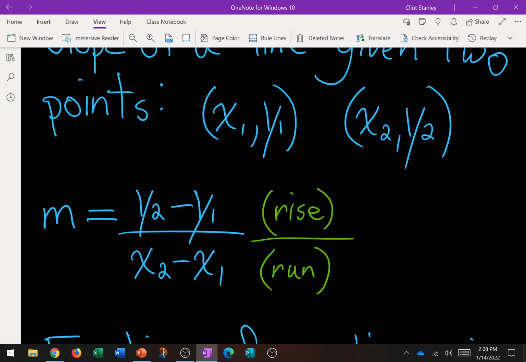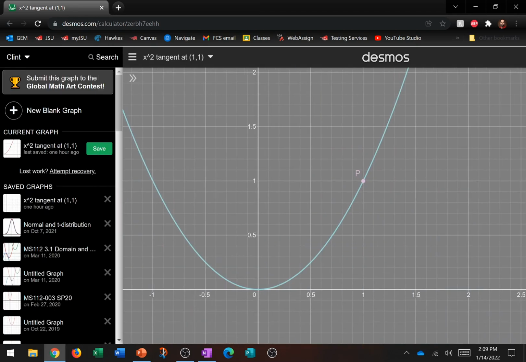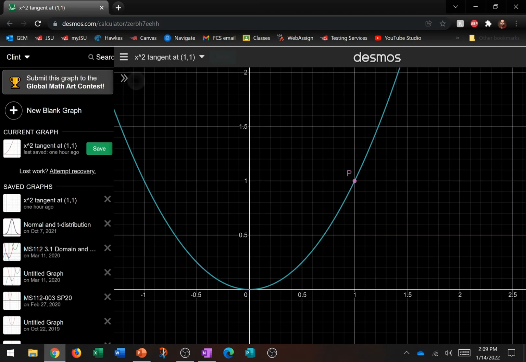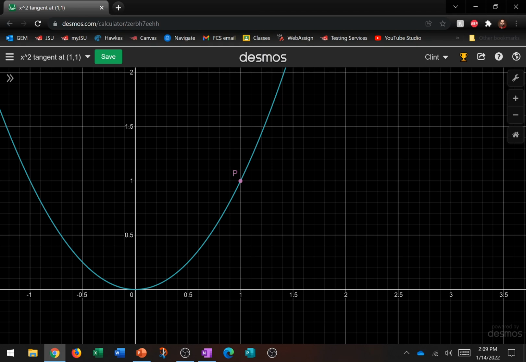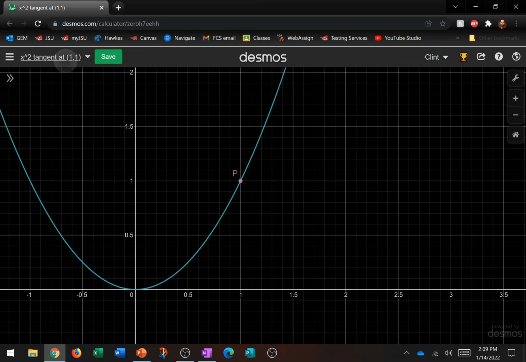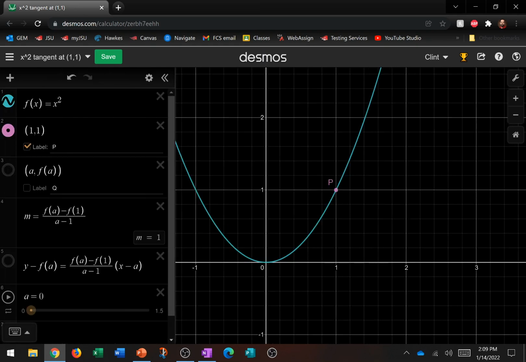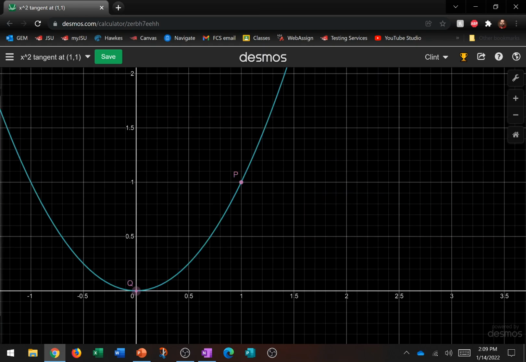So one strategy we can take is to pick some other point on our graph. I'm going to pick this point, call it Q. Right now it's down here, maybe a little hard to see.